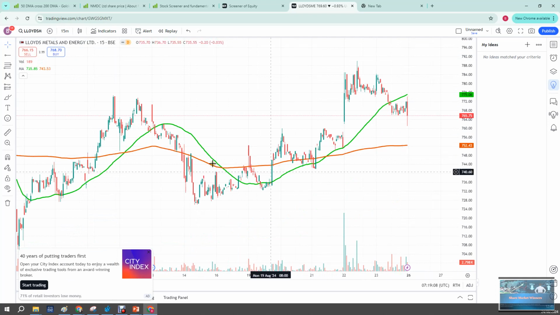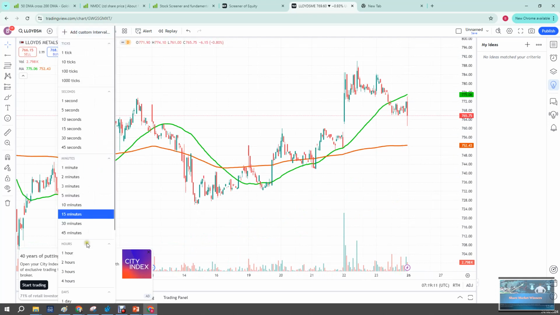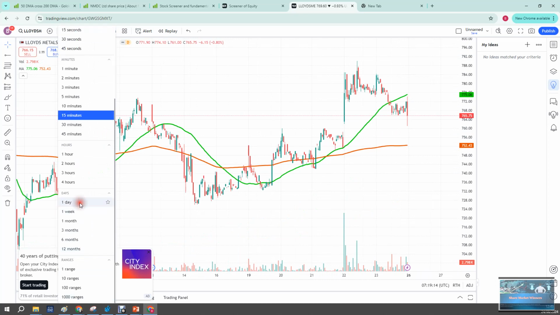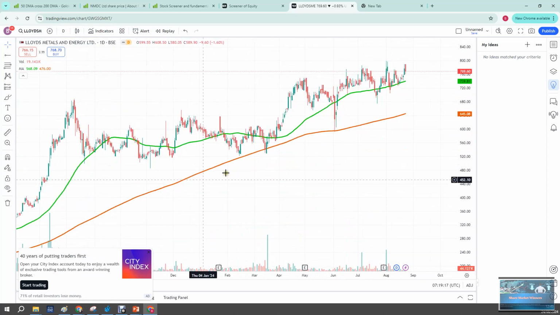If I'm going for a swing or positional trade over a period of time, then I would suggest looking at a longer time frame and seeing if it has really crossed the 200 moving average, and then you can take a position.